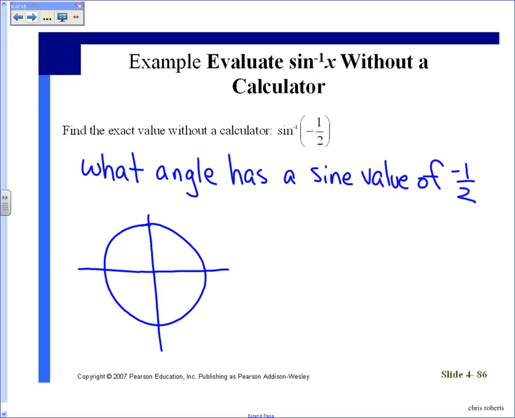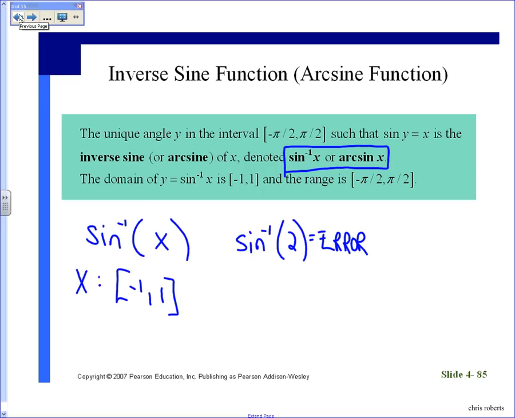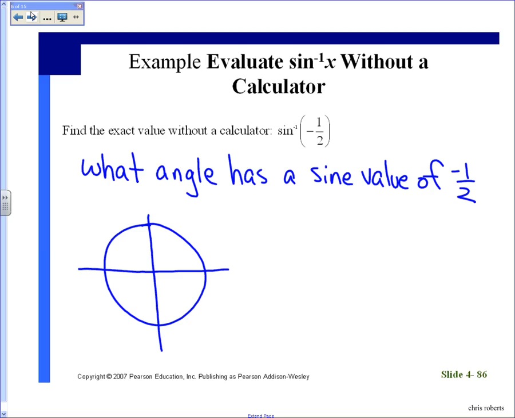Now, if we look back on the previous slide, we know that the range, the output, we're only going to be able to get answers from negative pi over 2 to pi over 2. So basically, I'm only looking at my first and fourth quadrants. None of this other stuff is going to exist when I'm thinking about the inverse sine.